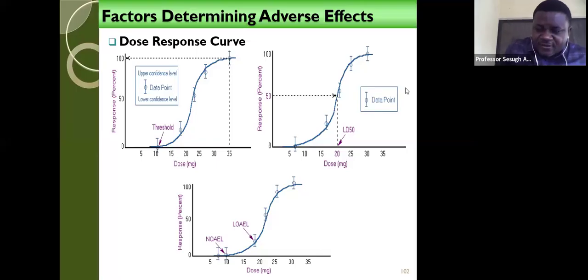Now, let me tell you what is happening here very quickly. This is a toxicological study that involves the administration of a chemical, in milligrams, to a population of organisms. It is expected that after administering this chemical, the study wanted to know how much of the organisms will be killed.